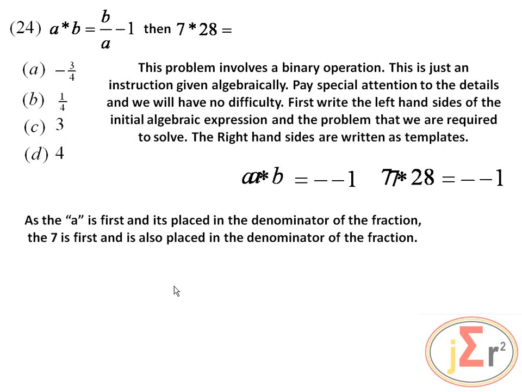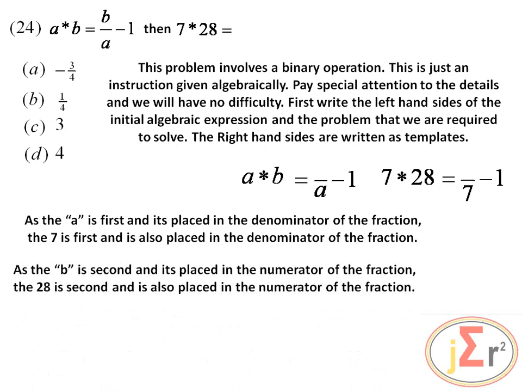So a will go in the denominator, so will its associate be placed in the denominator. As the b is second and is placed in the numerator of the fraction, the 28 is second and is also placed in the numerator of the fraction. Therefore, the b and its counterpart are placed in the numerator.